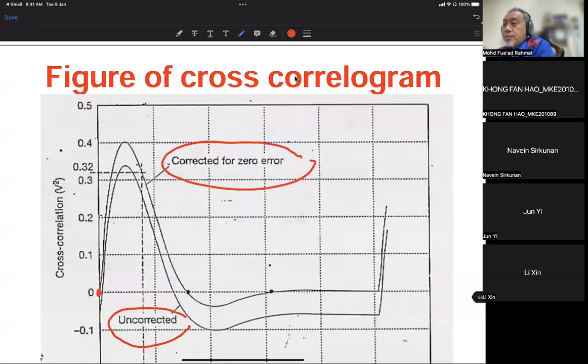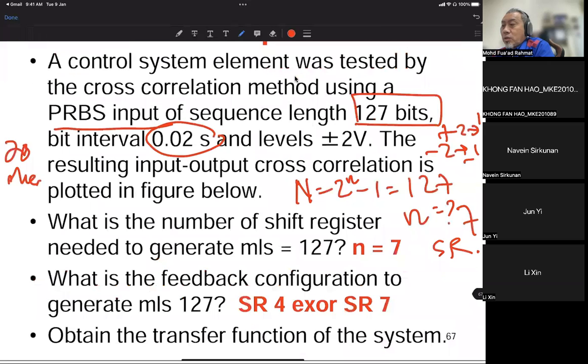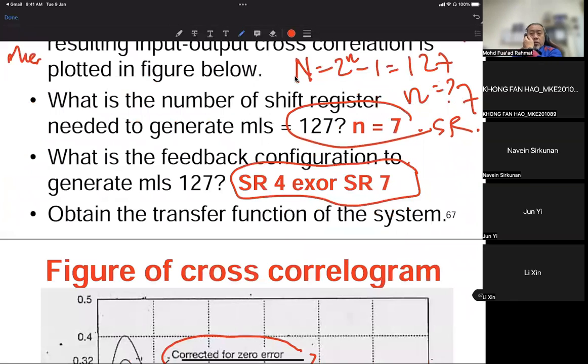This makes the calculations easy for us. So what is the number of shift registers? N is equal to 7. And the feedback for 127 is S4 XOR SR7. Obtain the transfer function of the system.